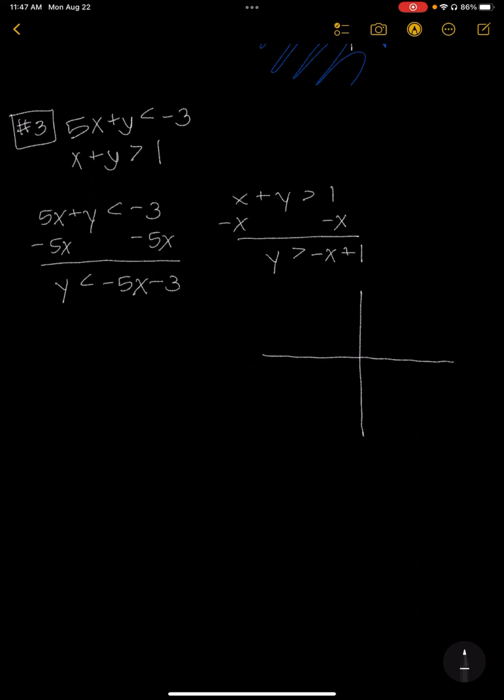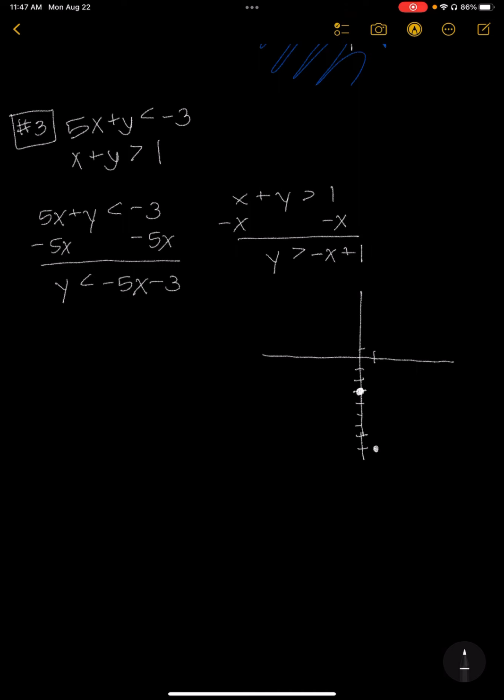So I'm going to start with y is less than negative 5x minus 3, which means my y-intercept starts at negative 3, and then my slope is negative 5, which means I go down 5 and over 1. 1, 2, 3, 4, 5, and then over 1. I could also, from this y-intercept point, go up 5 and backwards 1.